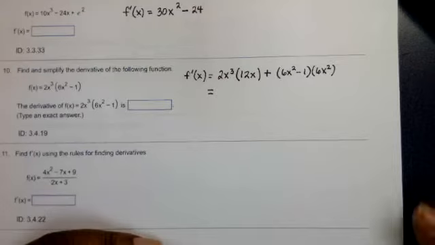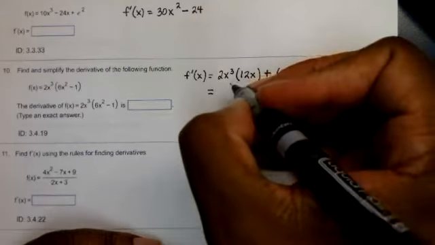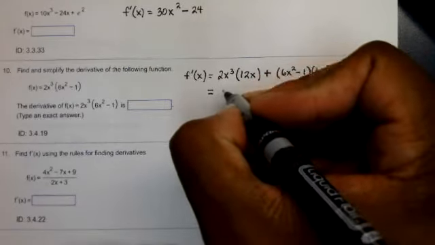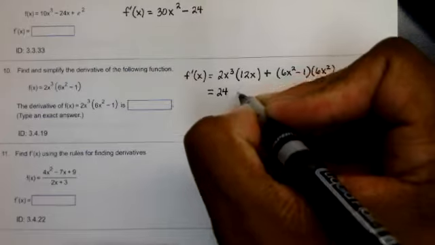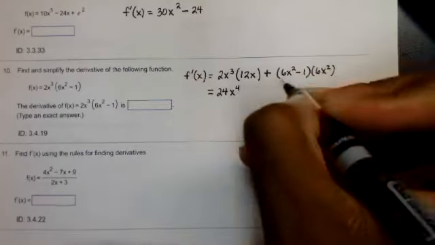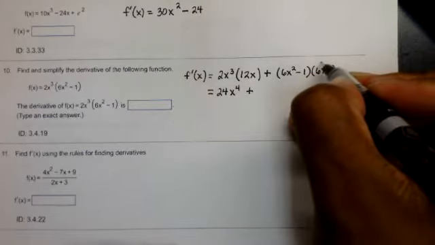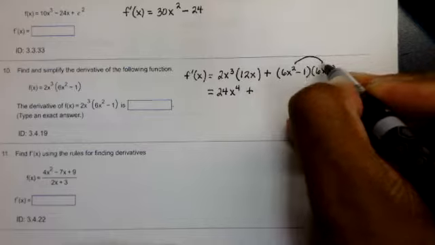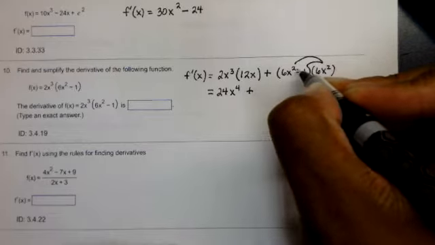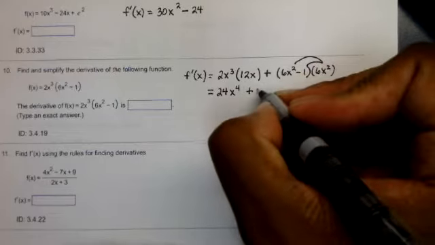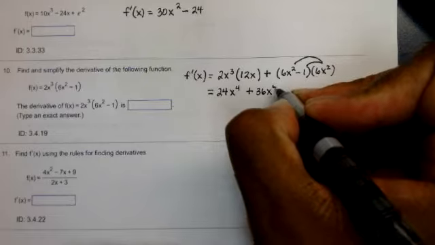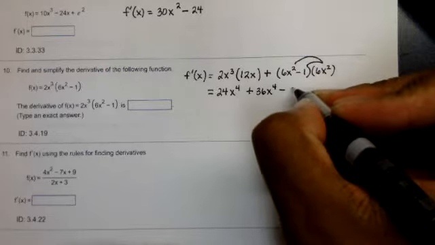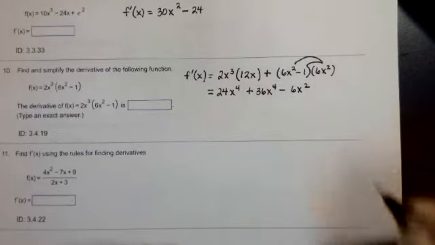All right, so simplify this. 2 times 12, that's going to be 24. X cubed times x will be x to the 4th. Then if I distribute that 6x squared over the 6x squared minus 1, 6x squared times itself will be 36x to the 4th minus 6x squared.